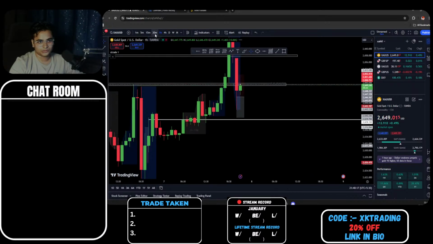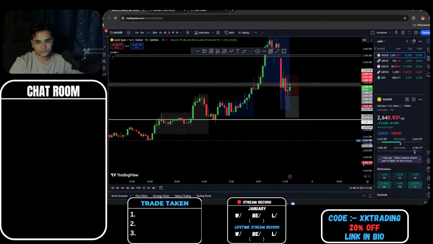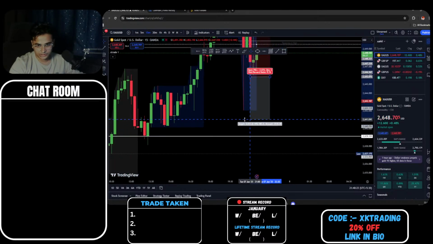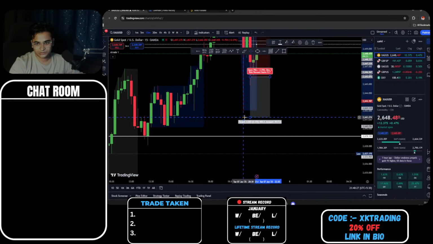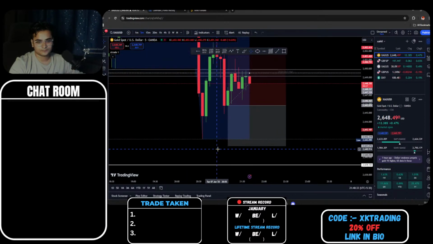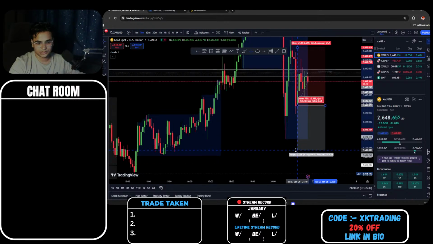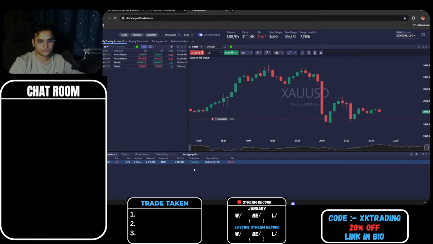So even if we do break the low, okay. You know what, guys? I'm going to move my TP a little bit around this area. So that is 2641 or something. I think this is a good TP here, guys. Okay. So I'm going to move it to 2640.50 or so.